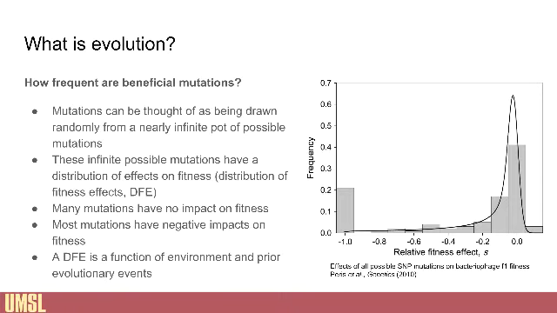And what's also important to note is that this distribution of fitness effects is highly dependent on environment, right? So a mutation in one environment might be really detrimental. So it might make you awful at growing in one particular environment. But in a separate environment, it might make you a total badass, right?